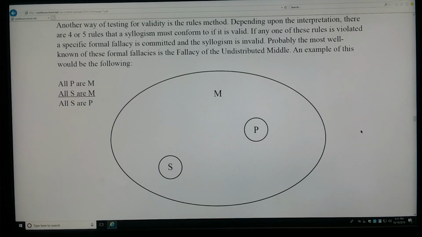But it's also possible that they could overlap, or that one could be a subclass of the other. We just don't know. We can't say anything definitive when all we know is that they are both subclasses of M. We can't say anything definitive about the relationship between S and P just because both of them are going to be subclasses of M.